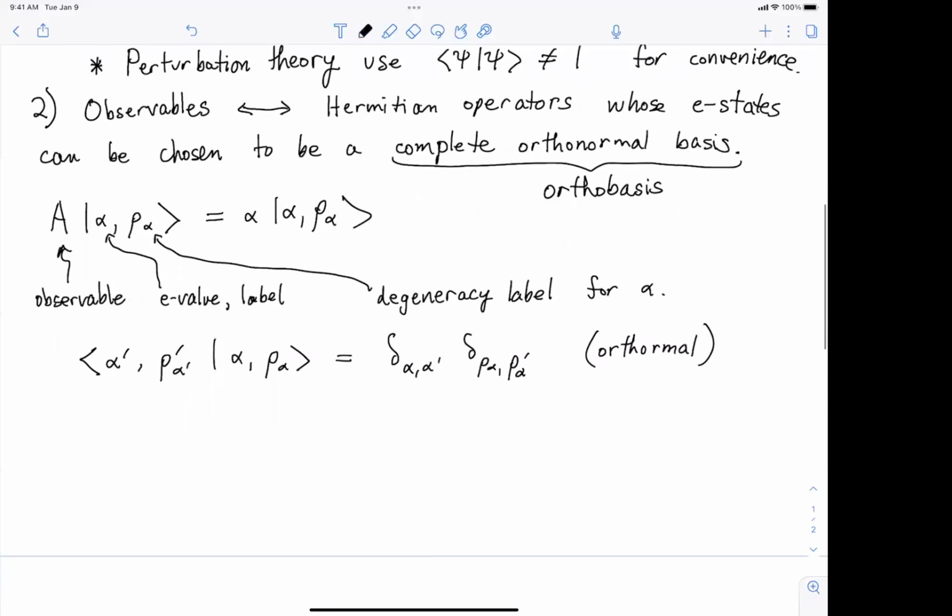And completeness means if I sum over all of them, I have to sum over all the labels and the degeneracy labels of the ket followed by the bra.